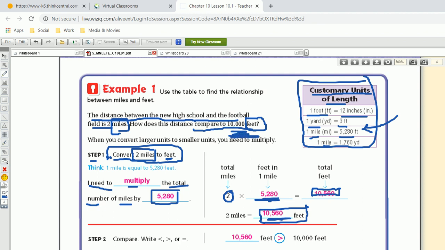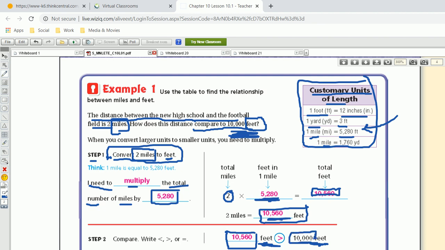Now we want to compare the number of feet here, which is equal to 2 miles, and 10,000 feet that he is asking me about. So compare it by using greater than, smaller than, or equal. You have to be sure that the two units you're comparing are the same unit. So it will be here 10,560 and here 10,000.